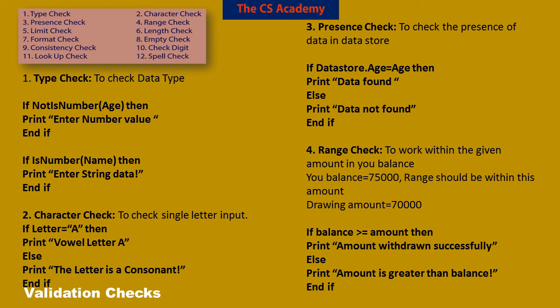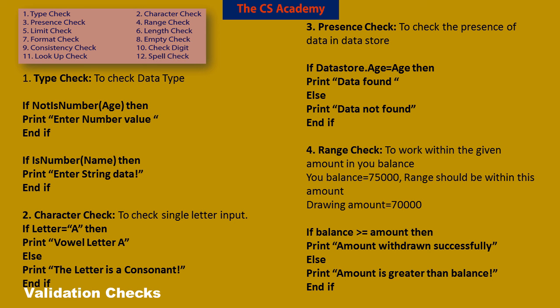So if letter equals A, then print vowel letter A, and then end if. So your print message would be vowel letter A, and if it is not, the else case will say that it is not a vowel, it is a consonant. This way the single character check can be used.